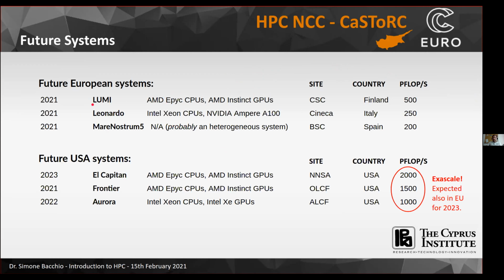But yes, these are big facilities that all of you can access by submitting proposals for projects, and they are available to the scientific community for performing research in HPC.